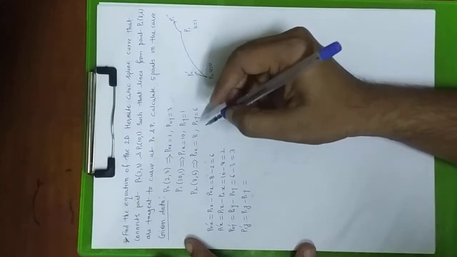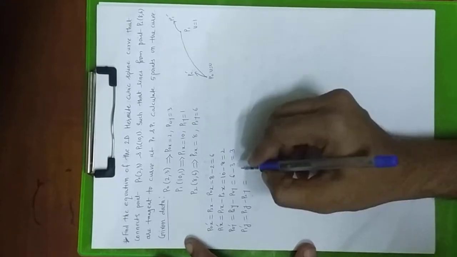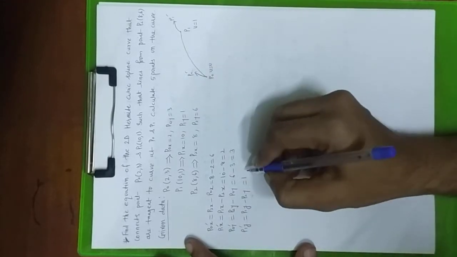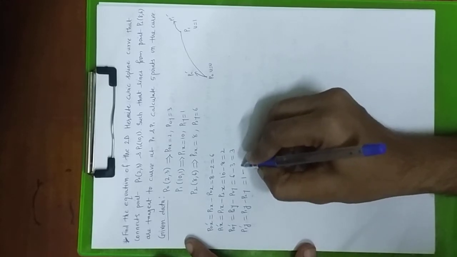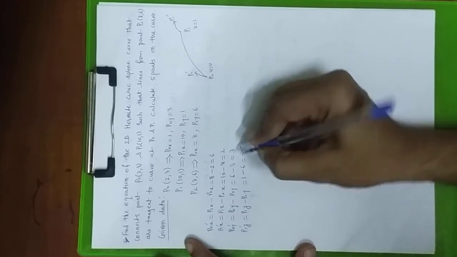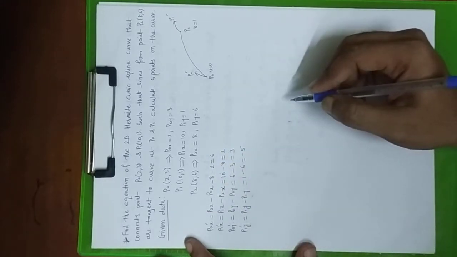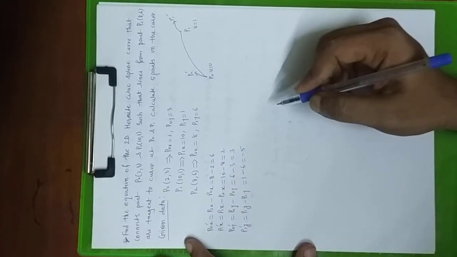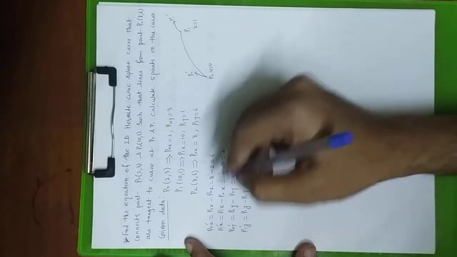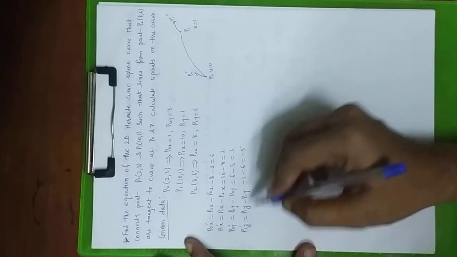P1y is 1, P2y is 6, so it is equal to minus 5. Okay, so you must also know how to take these out from the given values, because this will be used in the equation.